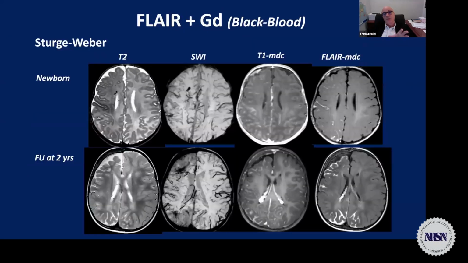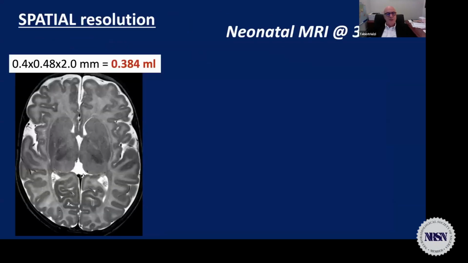Of course, you can use FLAIR after gadolinium because in FLAIR there is also a T1 weighted component, so it's very interesting in contrast when you use gadolinium. But in the other instances, use FLAIR with particular attention because you can have some misinterpretation with FLAIR. So T1 and T2 are the most important sequences in newborns.